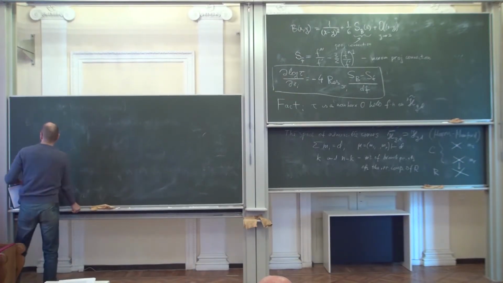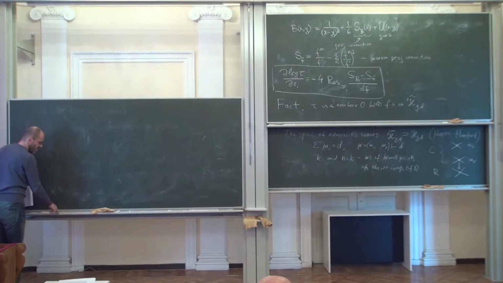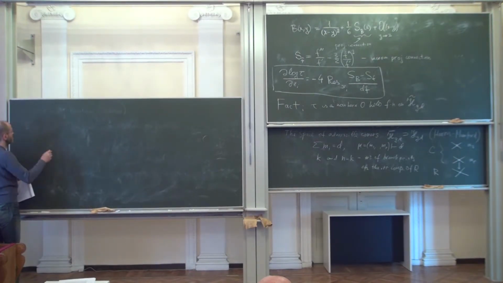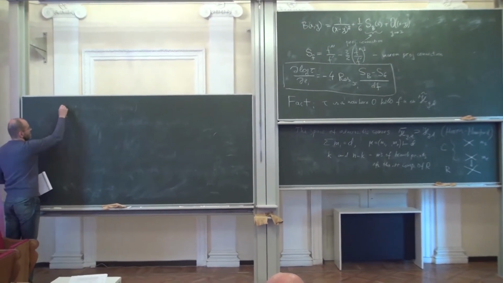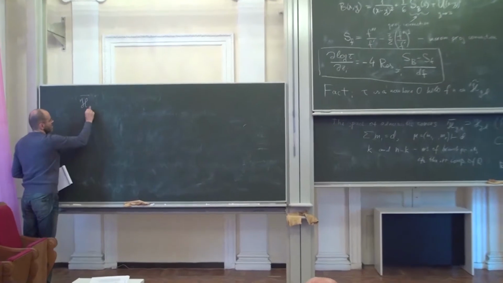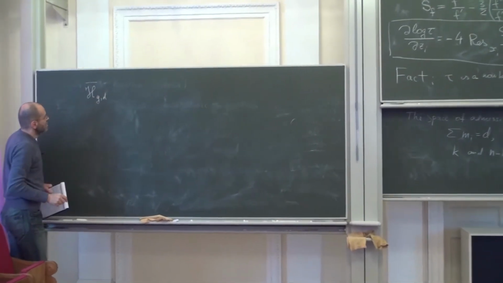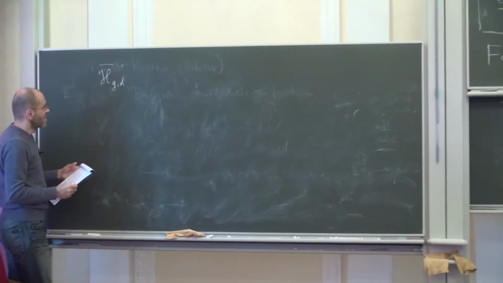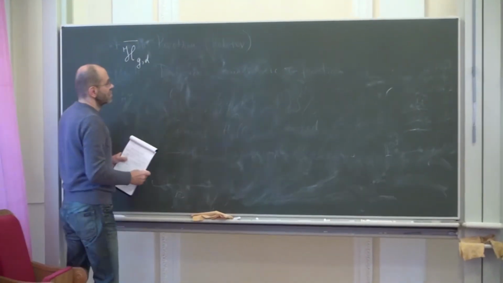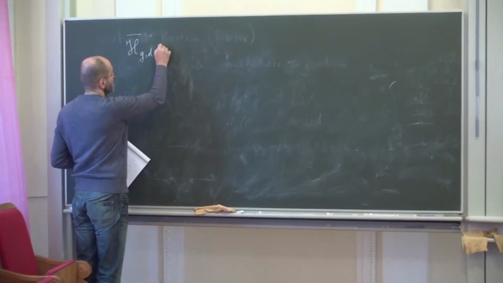Just let me now mention a few properties of the space of admissible covers, namely H bar g,d. This space of admissible covers comes with two natural maps.